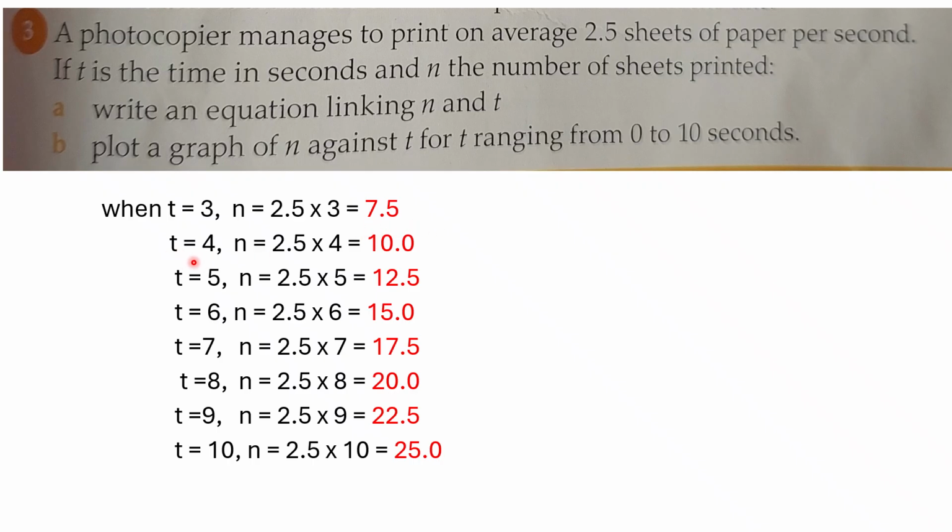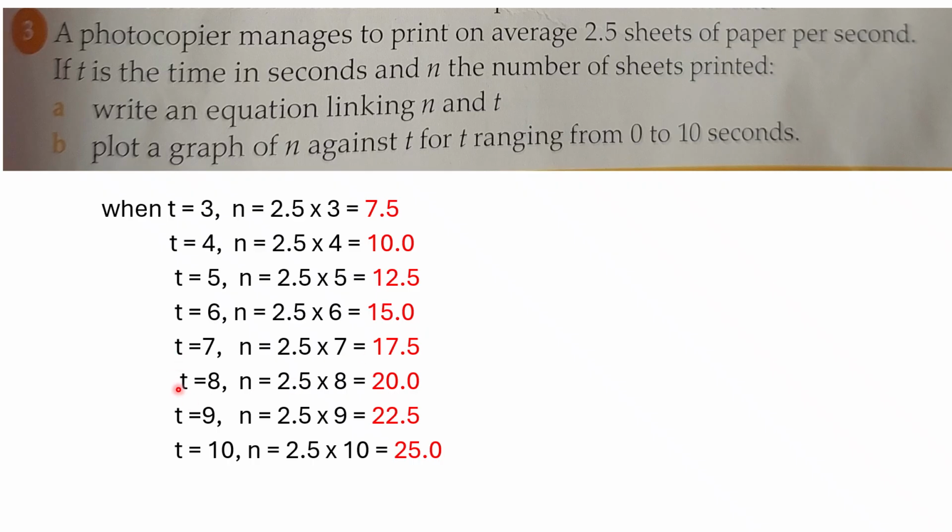When t equals 4, just substitute the value of t in that equation. So n equals 2.5 into 4, which is 10. When t equals 5, n equals 2.5 into 5, which is 12.5. T equals 6, n equals 2.5 into 6, which is 15.0.